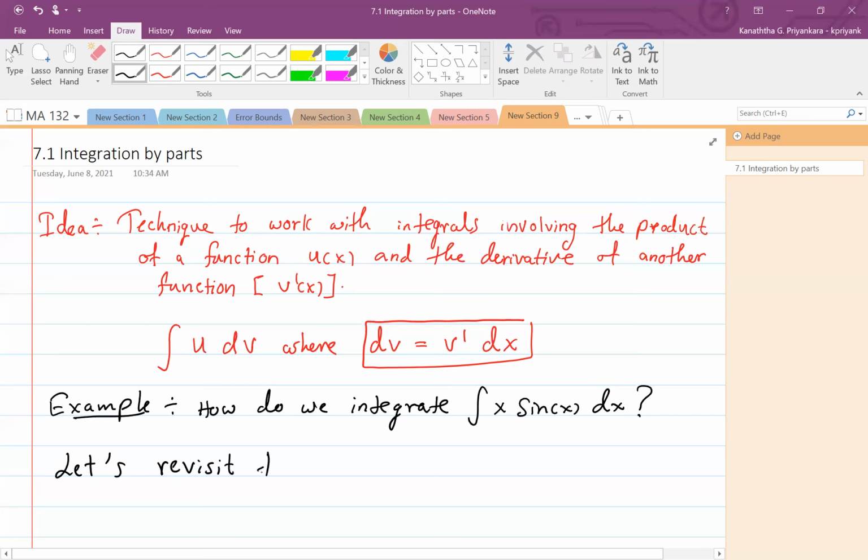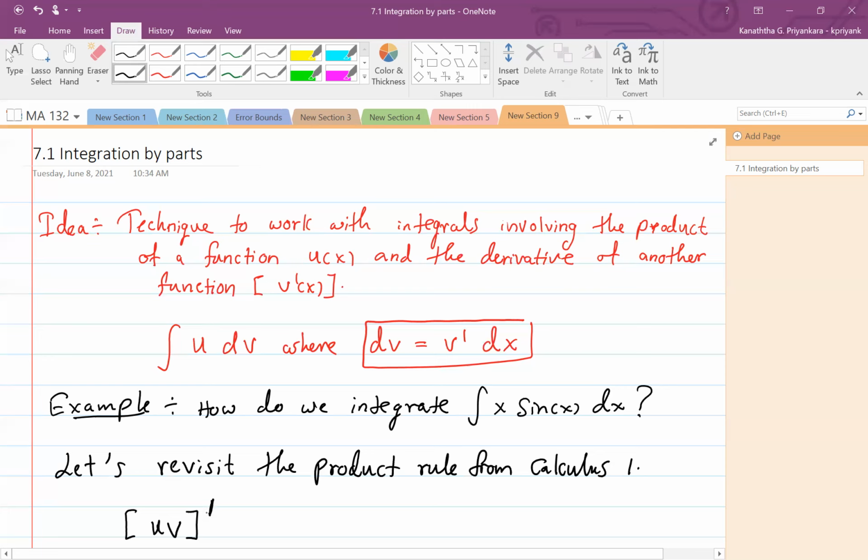So let's revisit the product rule from calculus 1. We are given this product u and v. So we are going to take the derivative with respect to x.